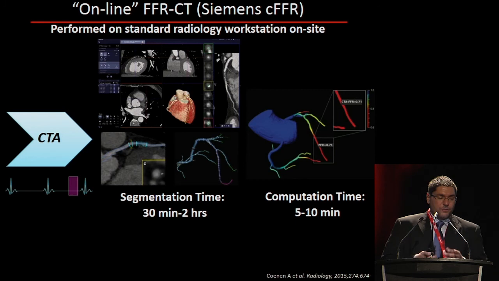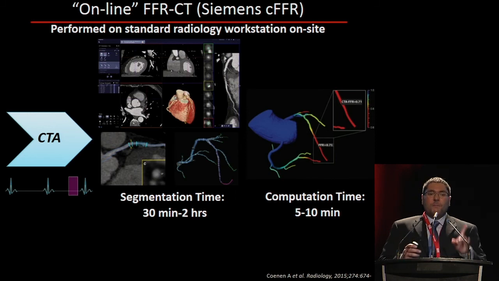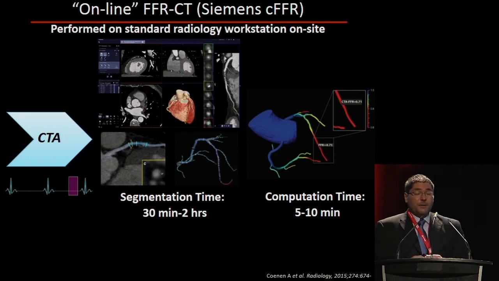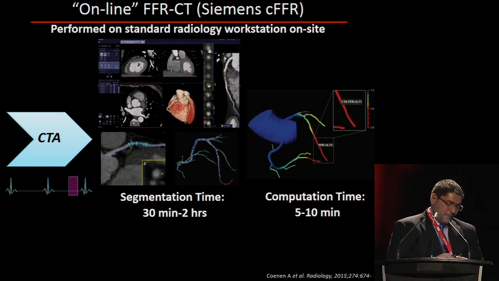FFR-CT, I think the jury is still out on that point. Good preliminary results, but still out. And there is one planned study to compare CT perfusion versus FFR-CT head-to-head. Hopefully, it's not going to be a very large study, but it should give us some very good preliminary results on how these two technologies fit together.